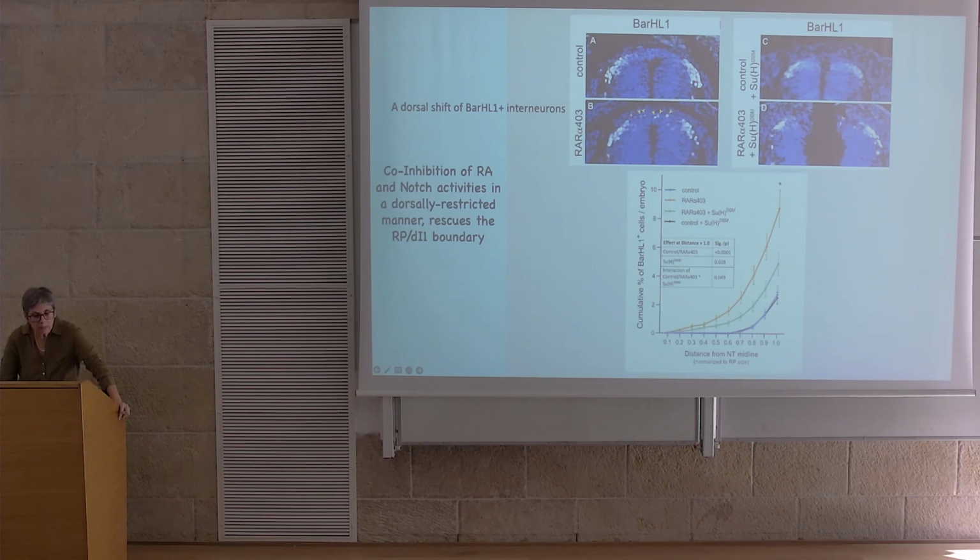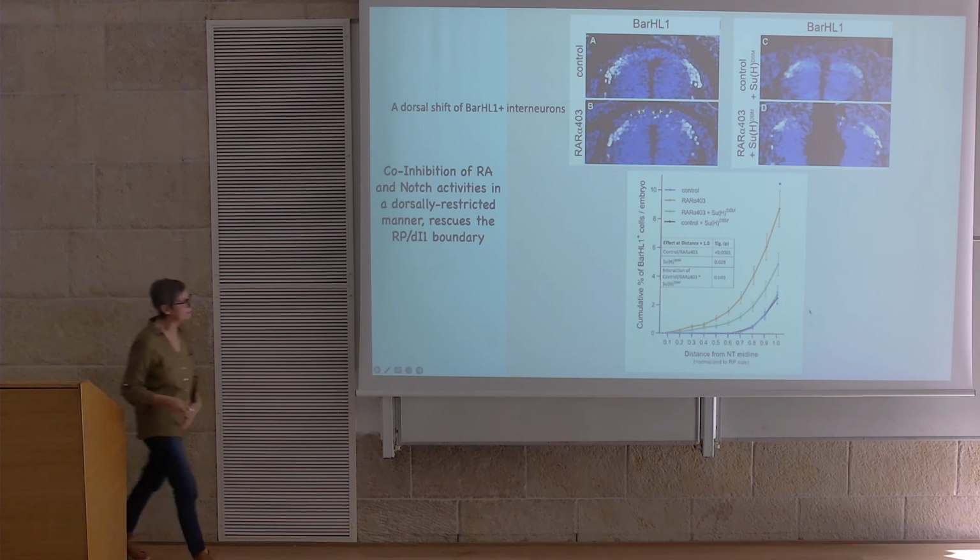And when we apply both suppressor of hairless and dominant negative, we can rescue quite a normal phenotype. This is a very heroic experiment because it involves 3 different electroporations that not necessarily will affect the same cells. So we are so happy with the result.